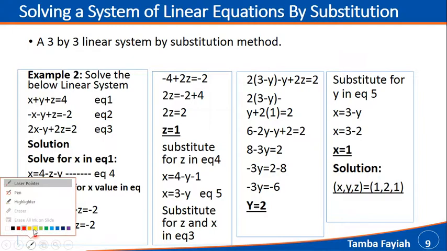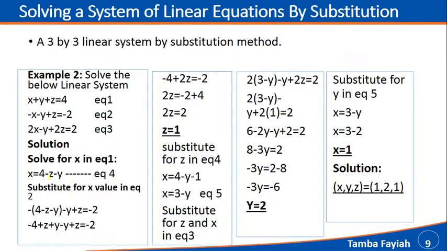So after making this the subject, I will now substitute the value of x in equation 2. For the value of x, I'm going to put in these particular values. Since x is multiplied by minus, I have the minus out here, then I have my 4 minus z minus y in the bracket multiplying the minus 1.